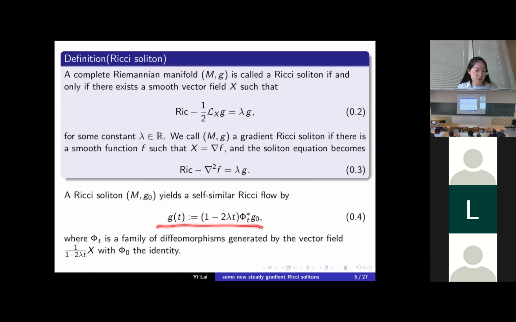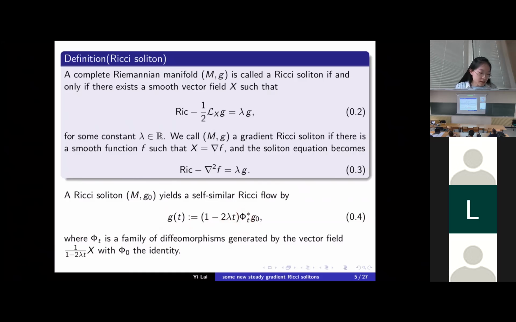Then you can check directly by computation that this family of metrics g_t satisfies the Ricci flow equation. So this will be a self-similar Ricci flow, because every time slice g_t is isometric, modulo this rescaling and this diffeomorphism.